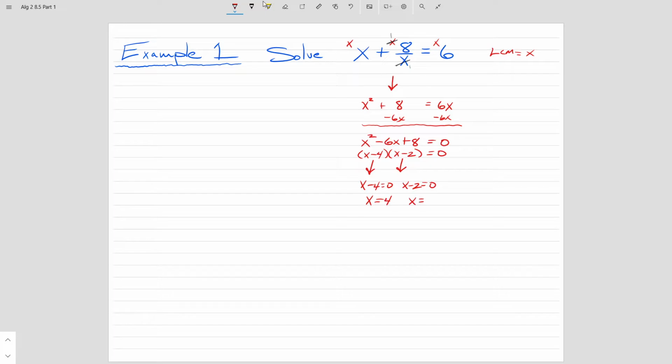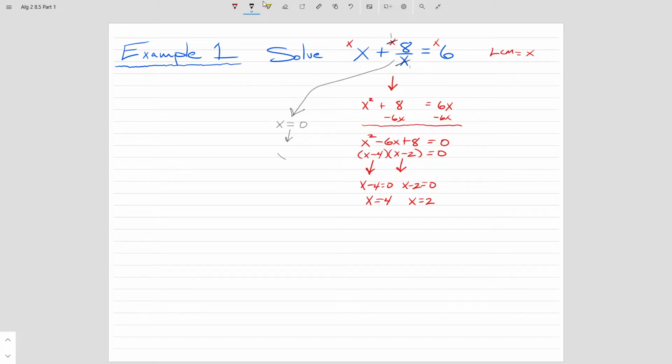Now, what I haven't mentioned yet, earlier this chapter, repeatedly we've talked about domain restrictions. This is where domain restrictions come in. If I go look at my original problem, I only had one fraction, but that one fraction had a domain restriction, where if I took the denominator equal to 0, that was my domain restriction.